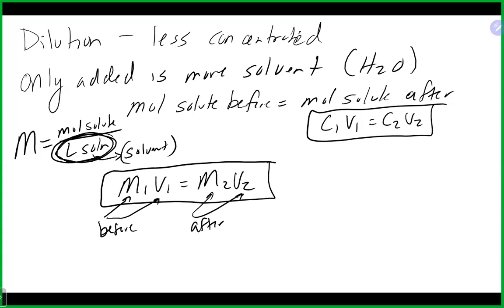Now, when we use M1V1 equals M2V2, it is okay if you want to leave the volume in milliliters. It will work out correctly for you. You could also convert it to liters if you want to, but specifically if you're using this as a dilution equation, leave it in milliliters. It will work out.